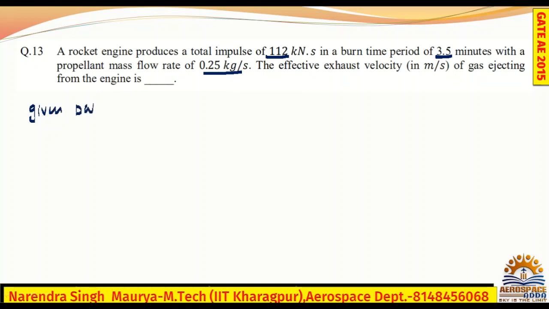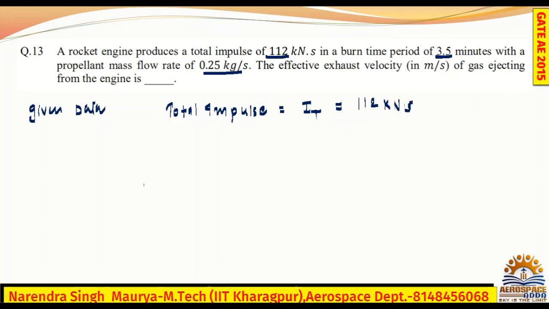So total impulse they have given. Total impulse is denoted by I T, which is 112 kilonewton second.